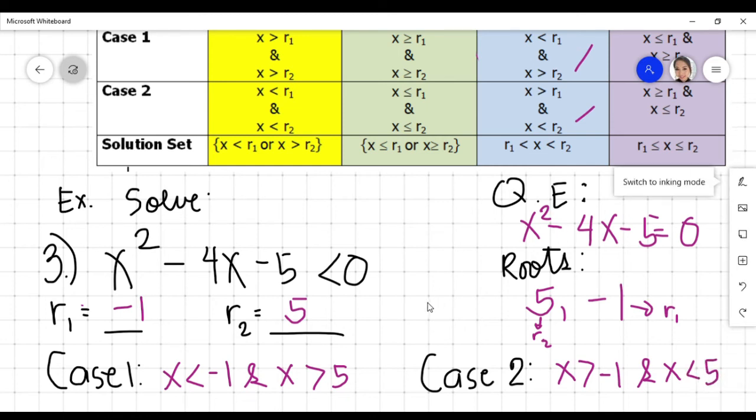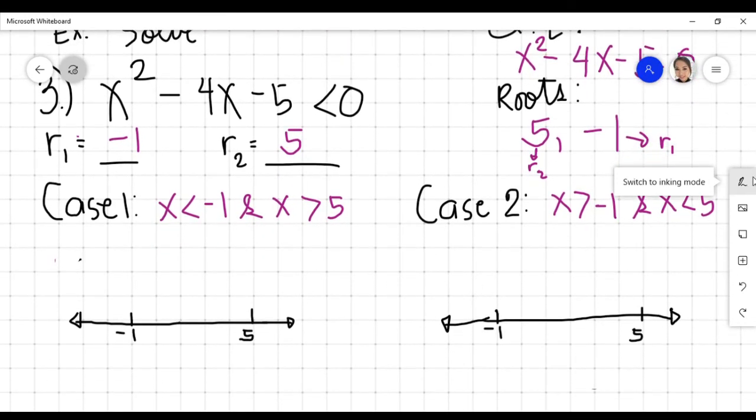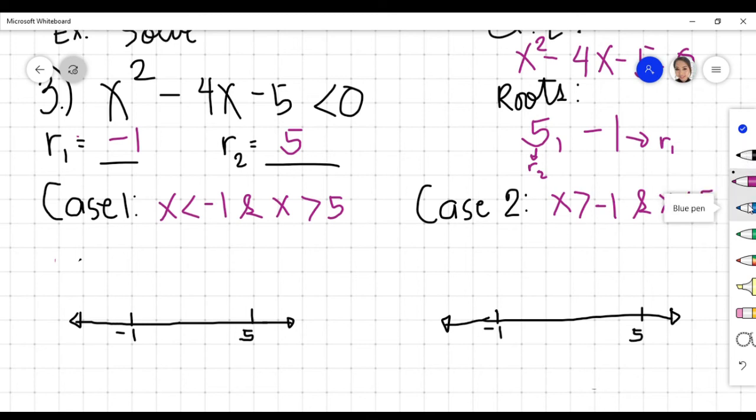So let's graph these cases on a number line. Let's graph x less than negative 1. Less than, so we will put an unshaded circle above negative 1, and it moves to the left because of the less than.